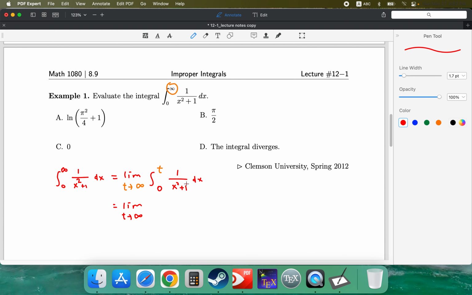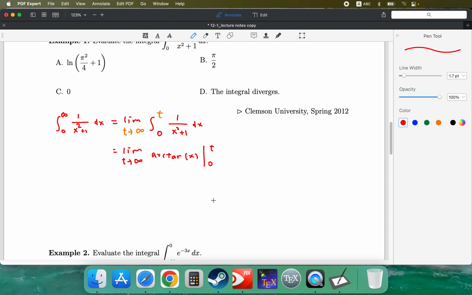You can try trig substitution, or simply remember that we learned this from Calc 1. The integral of 1 over x squared plus 1 is arctangent of x, from 0 to t.